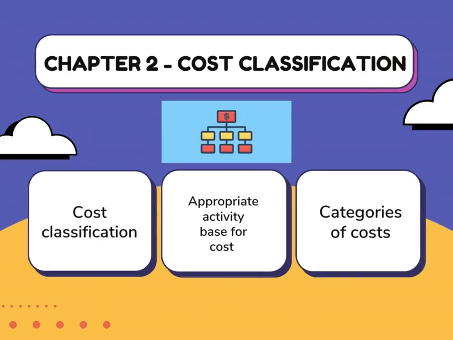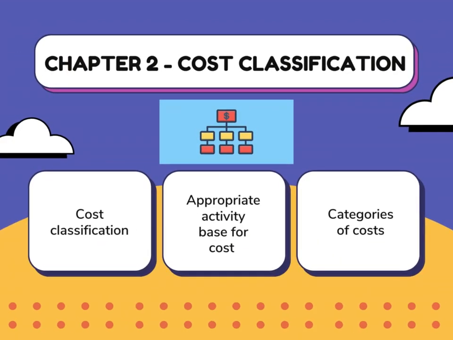It helps organizations allocate resources more efficiently, plan for changes in activity levels, and identify opportunities to reduce costs or increase production efficiency. The choice of an appropriate activity basis for cost allocation depends on the type of company, its processes, and the nature of its products or services.